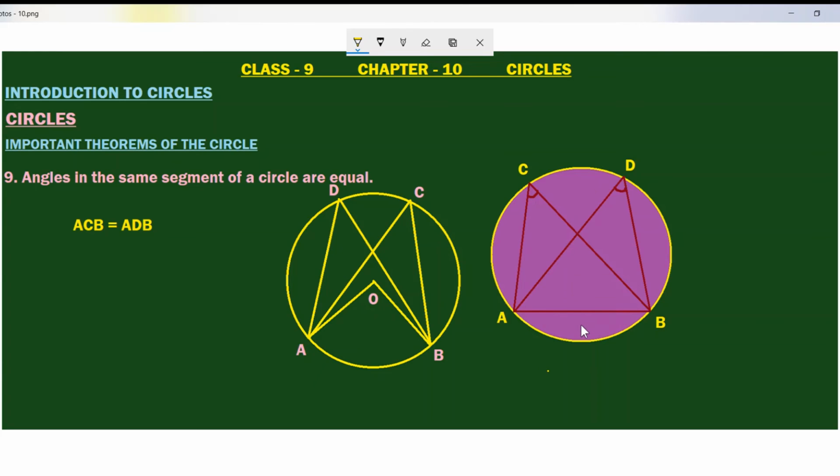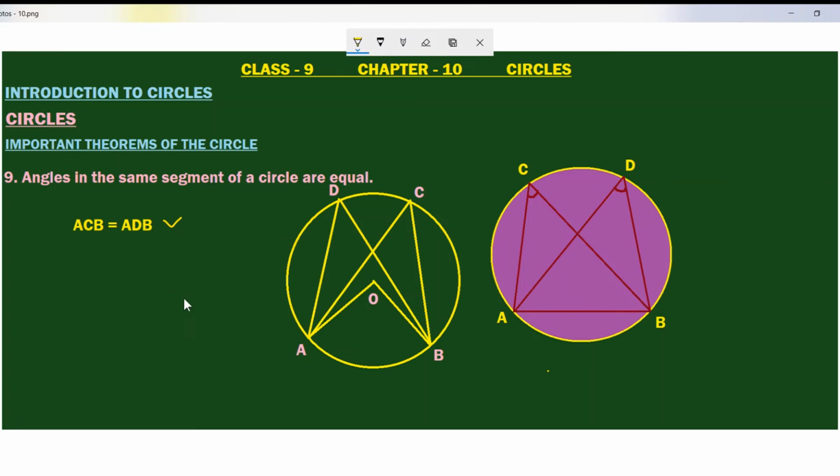So this is minor segment, this is major segment. Here angles in the same segments are equal. That means this ACB and ADB both lie in the major segment. The theorem is angles in the same segments are equal. So these two angles are equal. We need to prove this.